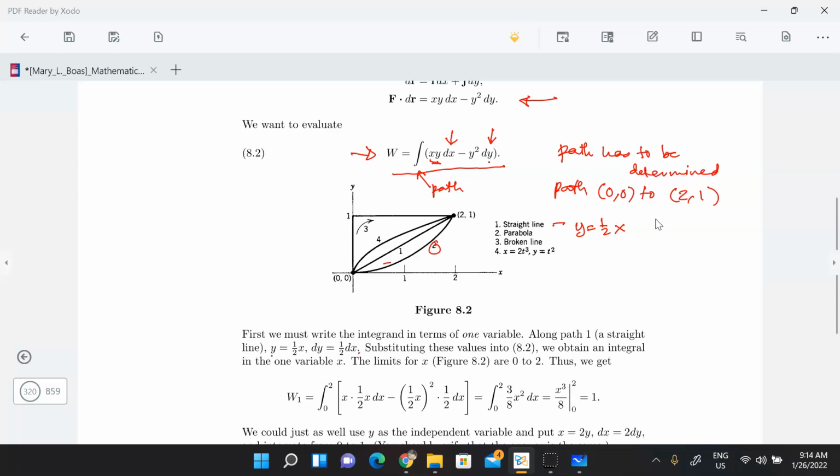So you have over here xy, where y is half x, and then your dx. So we are using dx as the element of integral. And then the other one is going to be y squared, and then you have your dy. So dy will now be replaced by half dx.